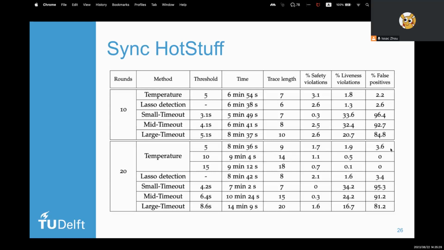This is the scenario listed in our false positive analysis: due to the malicious delaying in synchronous HotStuff, some information of the blockchain may not be updated in time, so that some states are falsely marked as buggy scenarios.